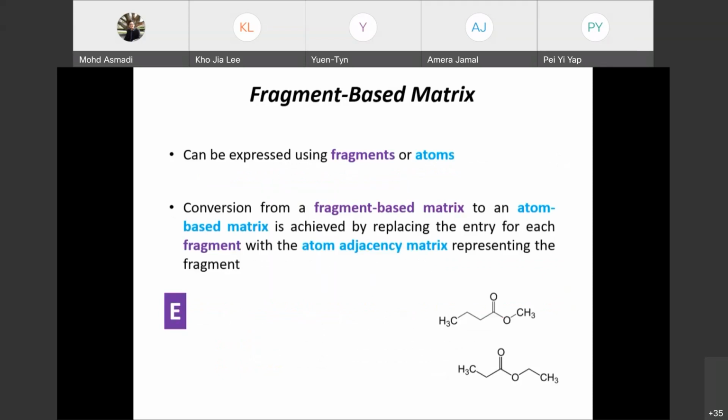the conversion from a fragment-based matrix to an atom-based matrix is achieved by replacing the entry for each fragment with the atom adjacency matrix representing the fragment.